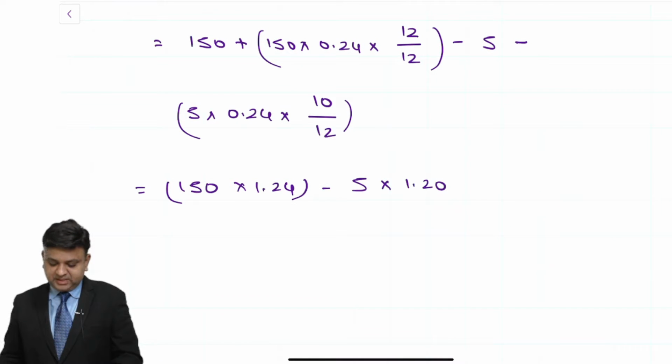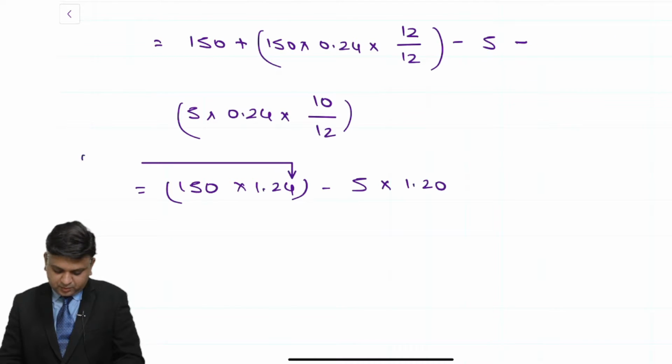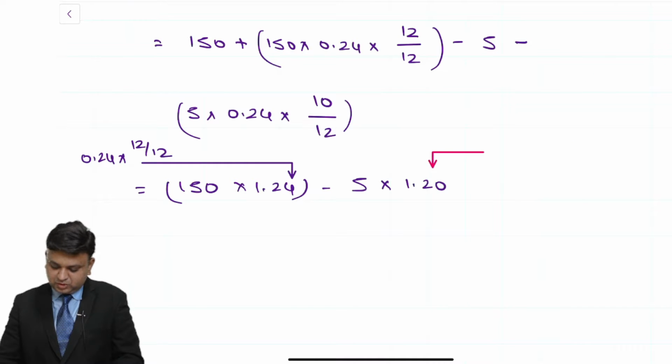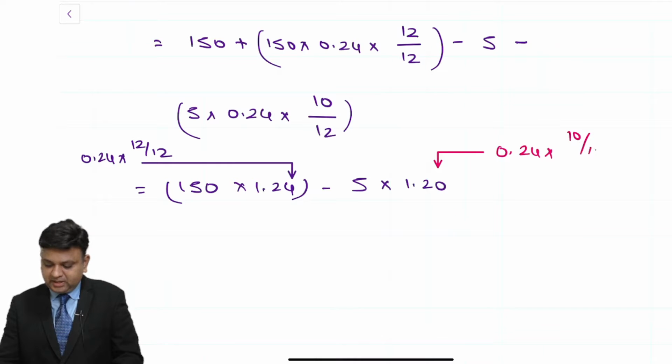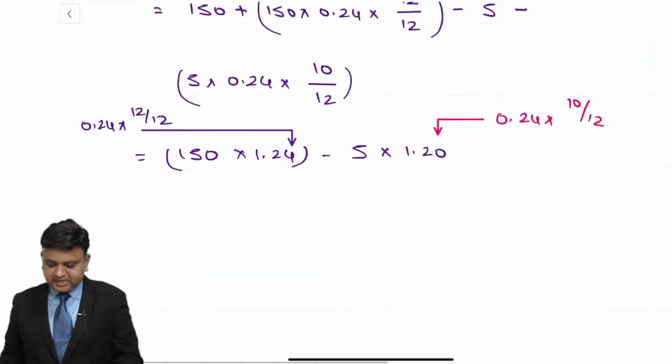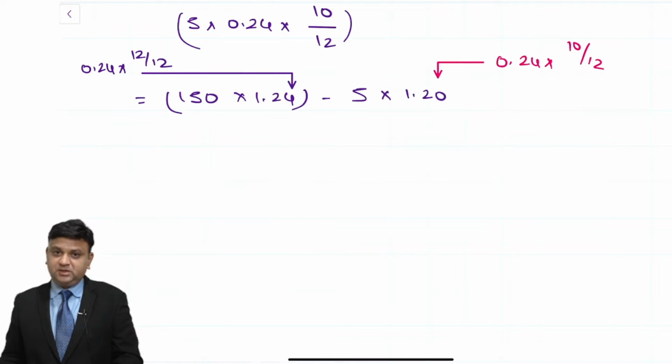I hope that everybody is clear with 0.24. It is calculated as 0.24 into 12 divided by 12, and I hope that everybody is clear with 0.20, that is 0.24 into 10 divided by 12. 0.24 divided by 12 is 2% for 1 month, into 10, that is 20% for 10 months.